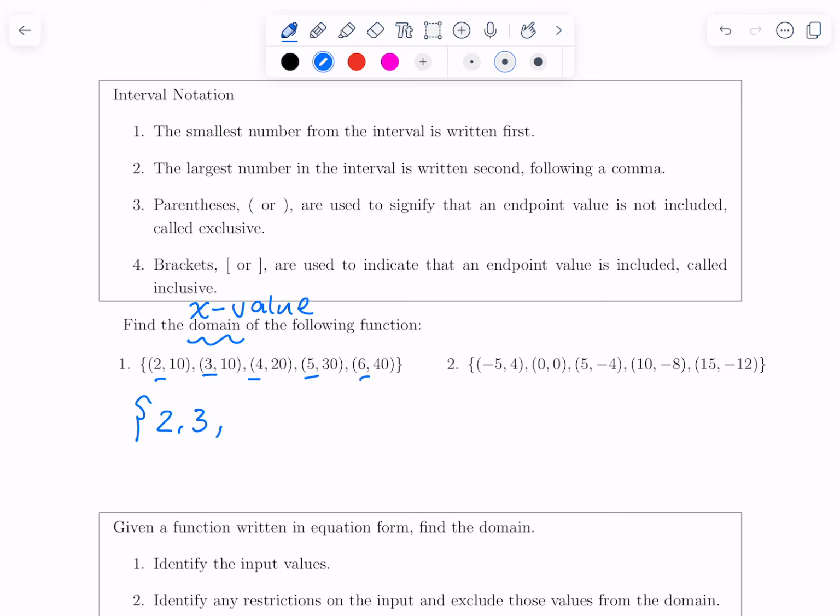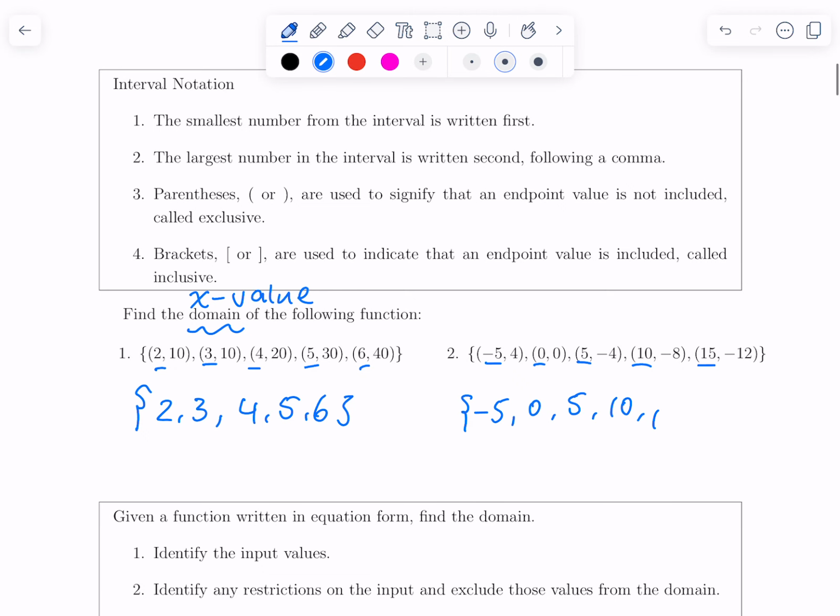The domain for those points will be 2, 3, 4, 5, and 6. And for the second one, we have the x values negative 5, 0, 5, 10, 15. So in this case, the domain will be negative 5, 0, 5, 10, and 15.